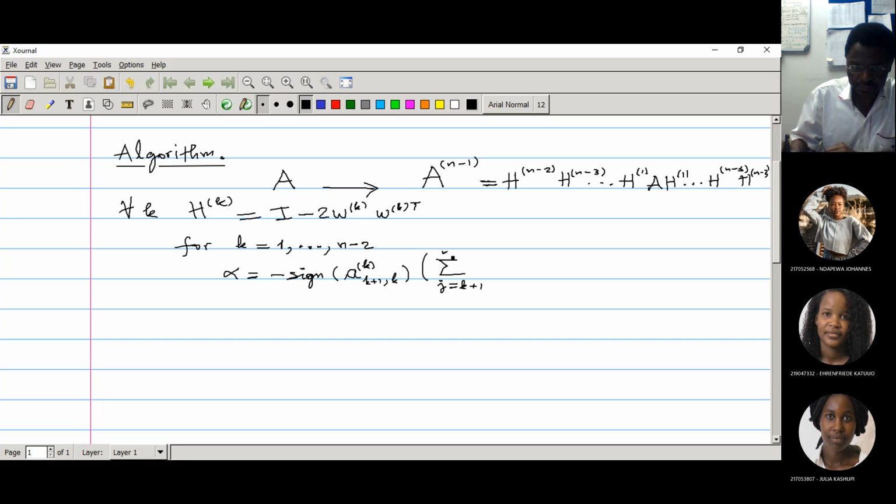up to n. And here we have, not alpha because we are still computing alpha, but A, those are the entries, A j k, that is squared.